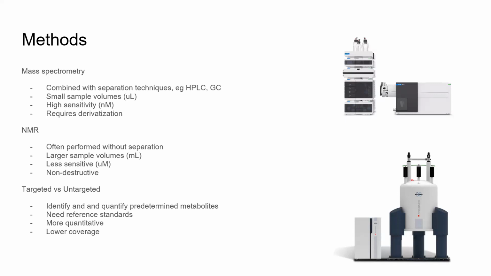This allows us to quantitate metabolites. However, compared to untargeted metabolomics, where we look at metabolites as a whole and try to pick out interesting metabolites, it's lower coverage because we target specific metabolites.